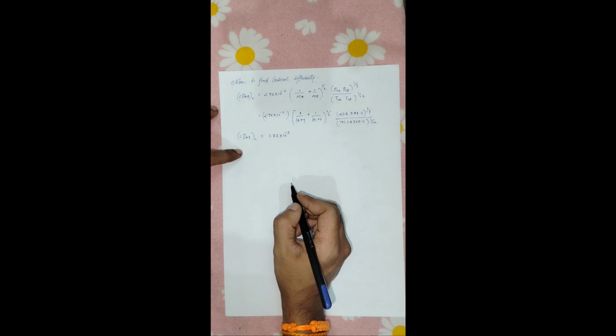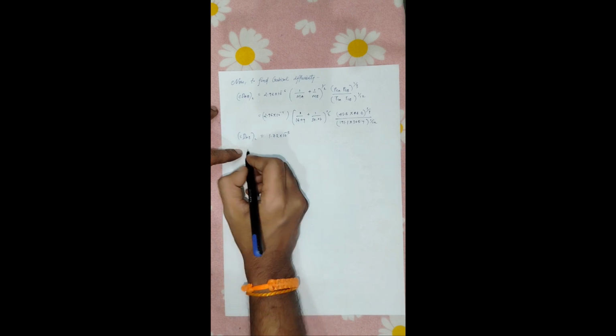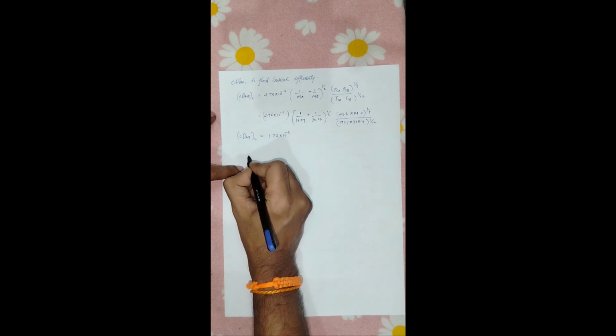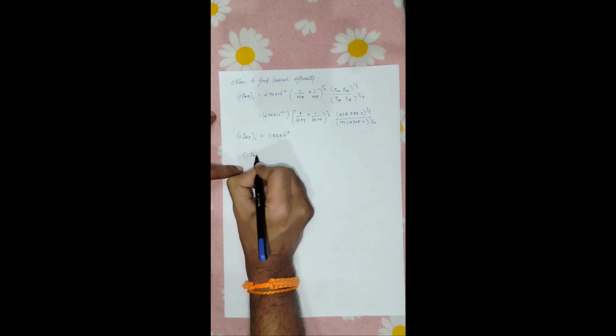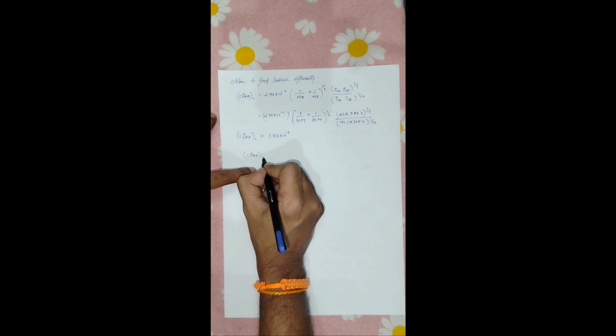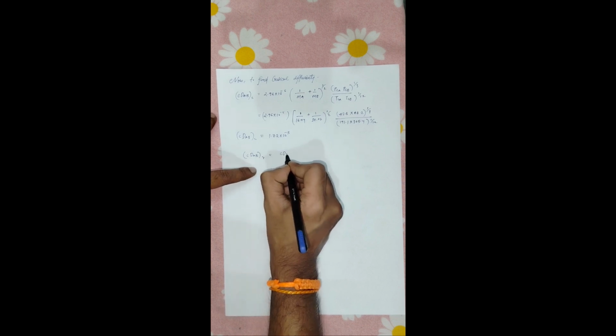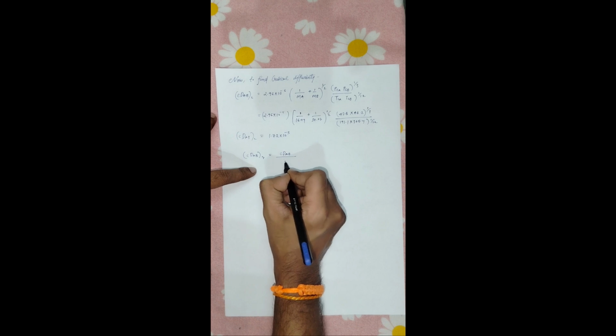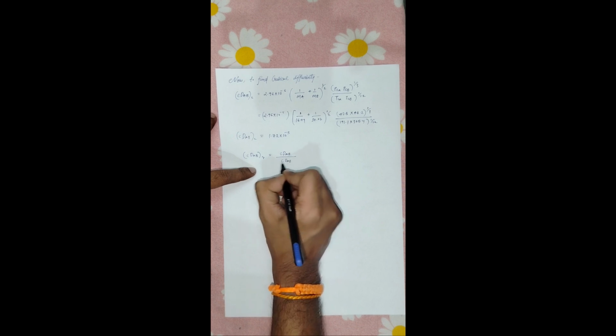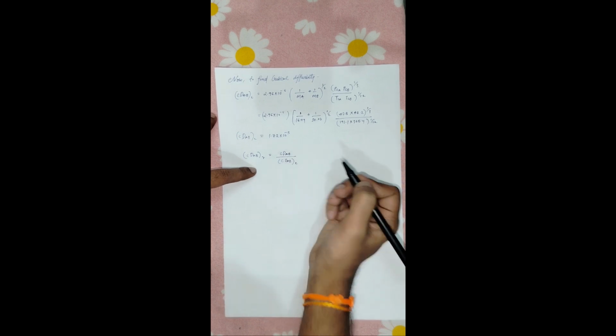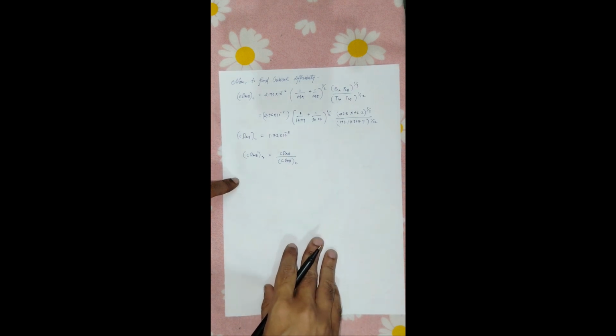And now we already know that CDAB reduced is CDAB upon CDAB critical, which is the definition of reduced.